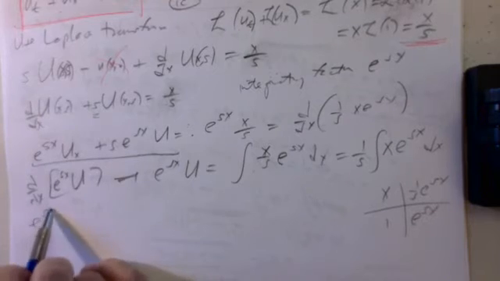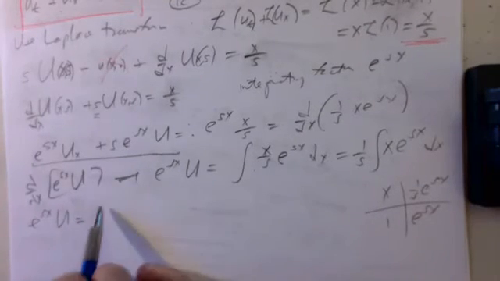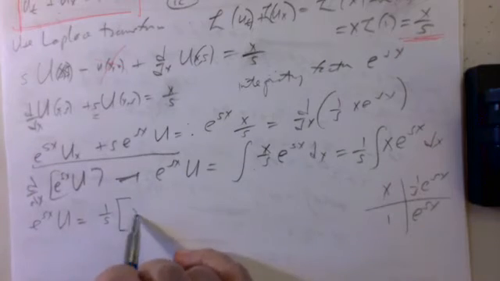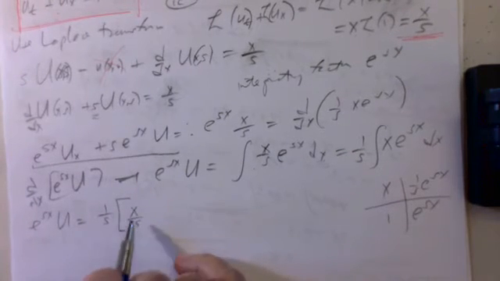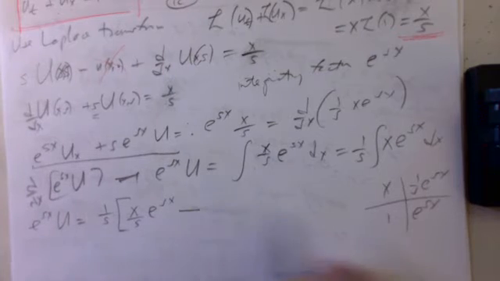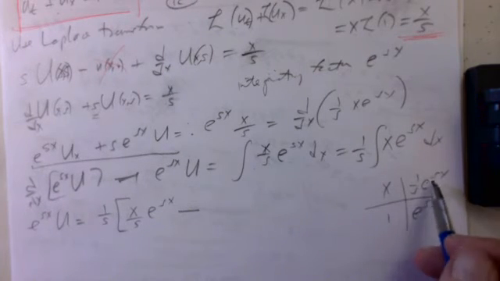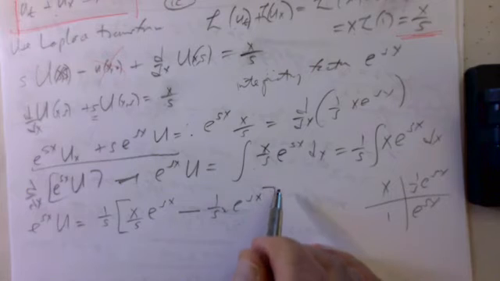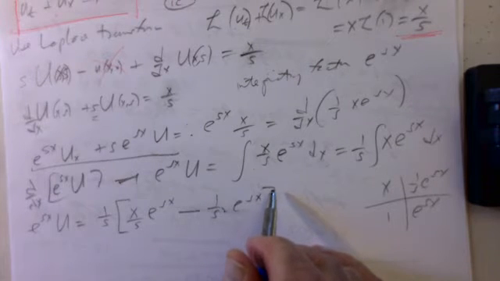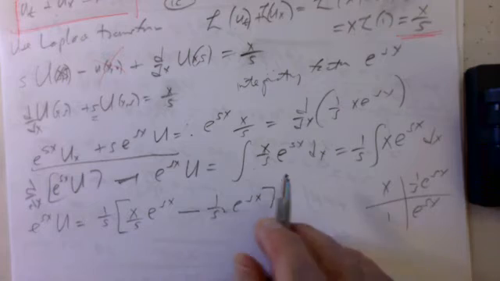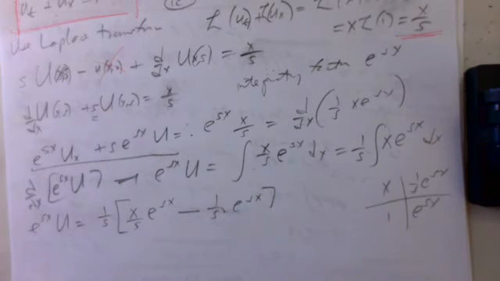So I get e to the sx u is equal to 1 over s times x over s e to the sx minus this integral, which is 1 over s squared e to the sx, plus a constant.